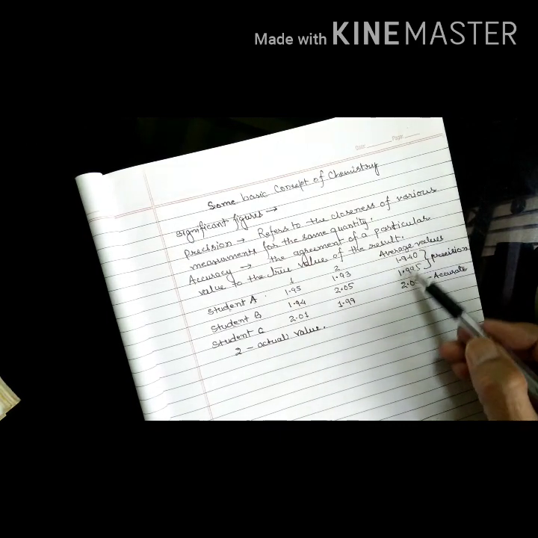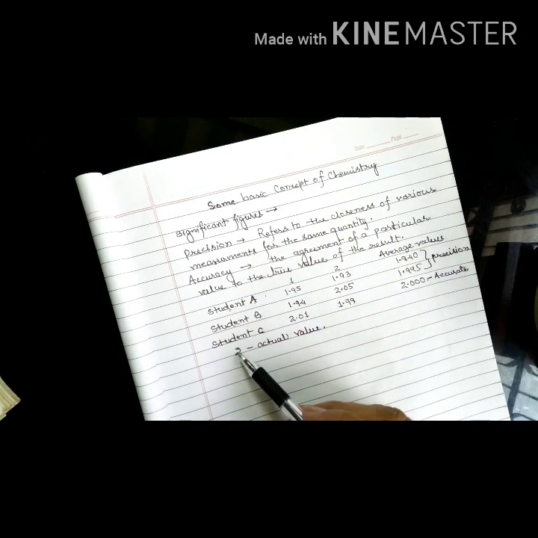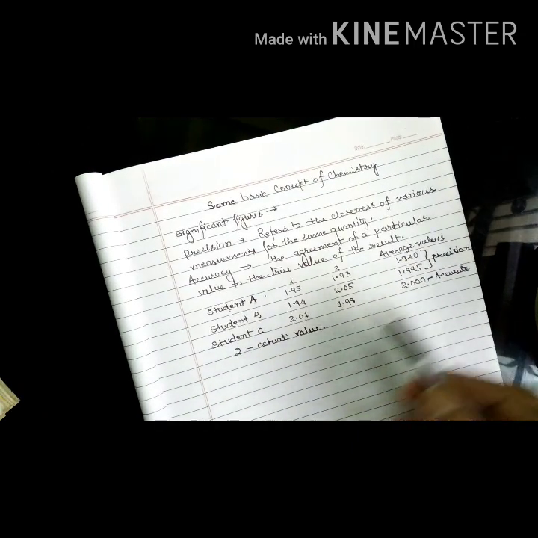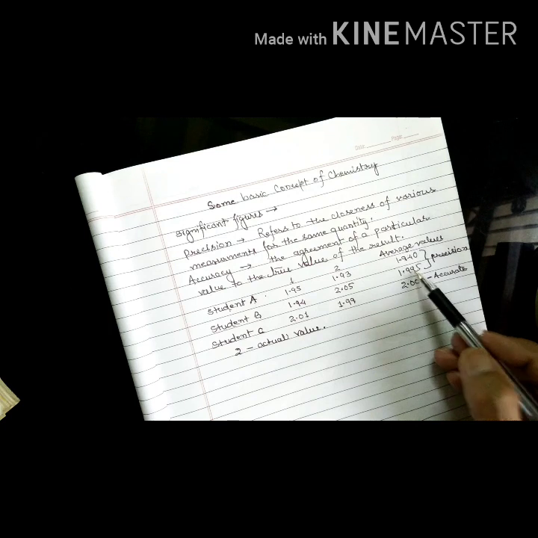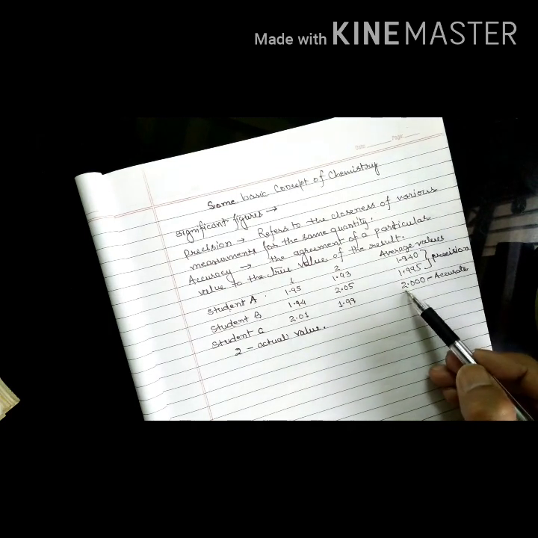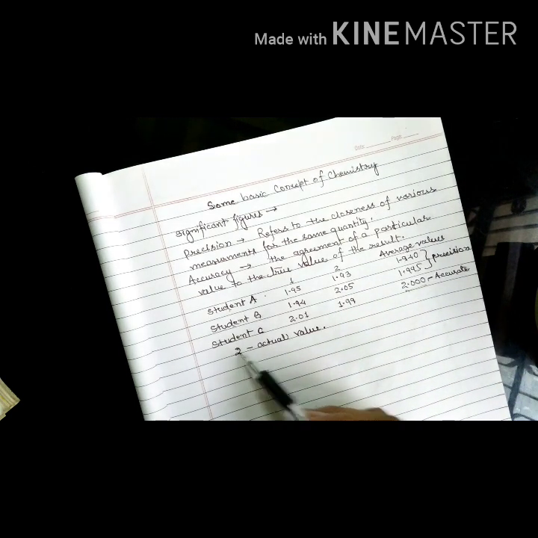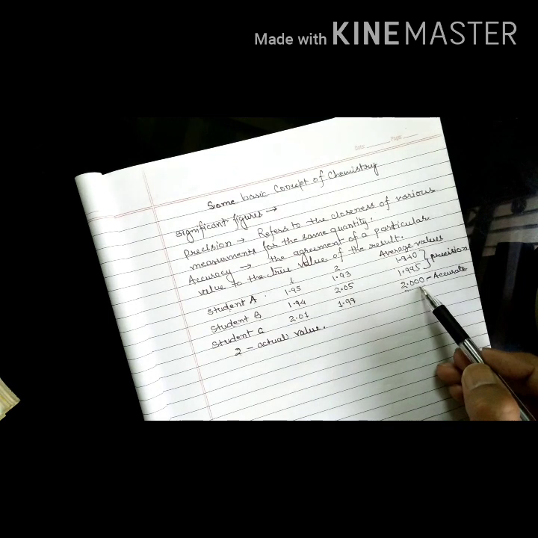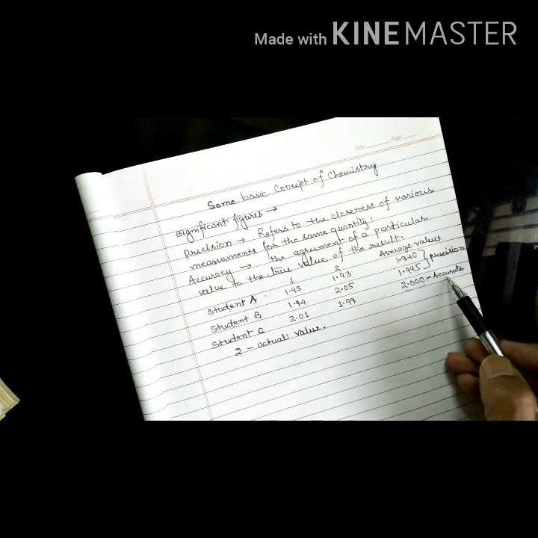Since these two values are very close to each other, these values are called precise values, while the value of the third student is accurate to the actual value, so it is called accurate.